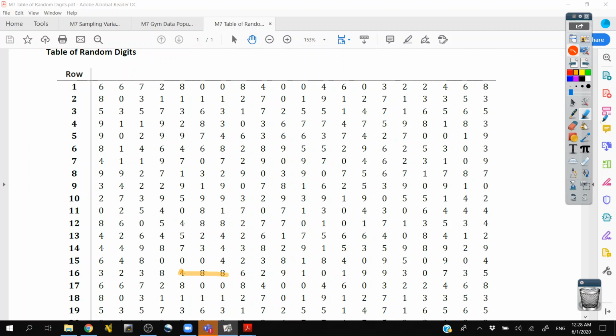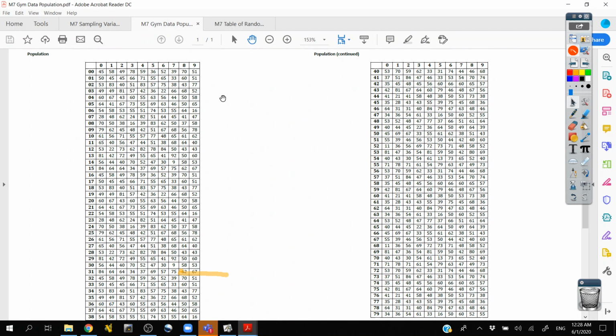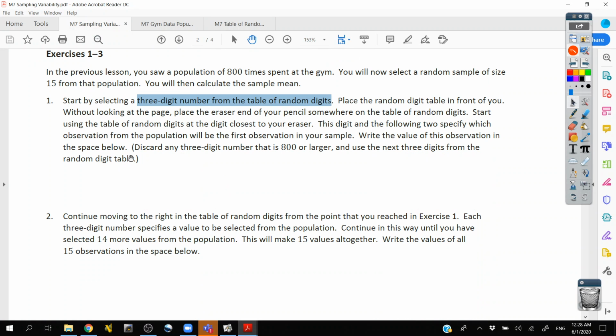It's nice that this gym data is organized, because data number 488 is in line 48. It's the 8th data. So 1, 2, 3, 4, 5, 6, 7, 8. That's 488, which is data value 51. So when I come here, this talks about just filling in what number did we get? Well, we got the number 488.